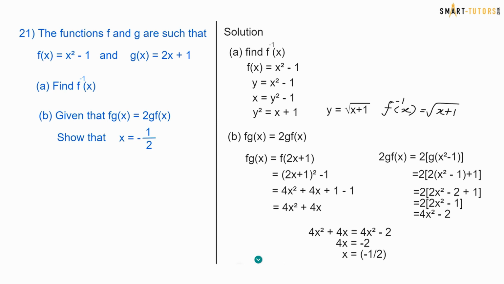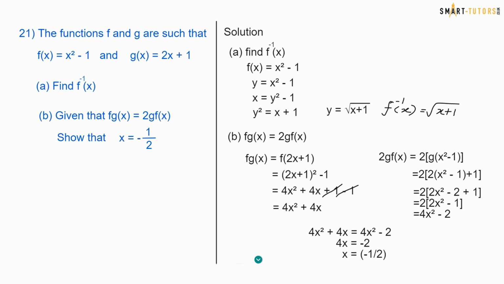Instead of x, you replace 2x plus 1, whole thing squared minus 1. So you can simply expand this bracket. I'm not going into detail. Once you expand, you get 4x squared plus 4x plus 1 minus 1. Then the plus 1 minus 1 cancel out. So I'll put a cross, plus 1 minus 1 cancel. Then you get 4x squared plus 4x as the answer.